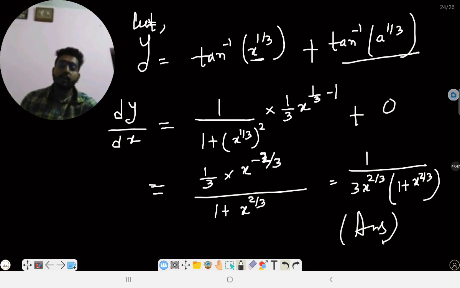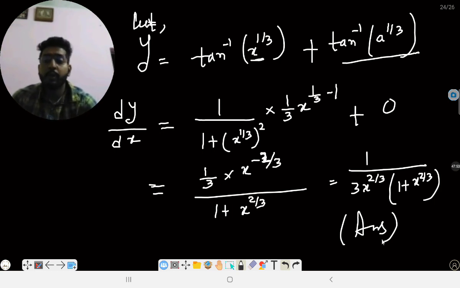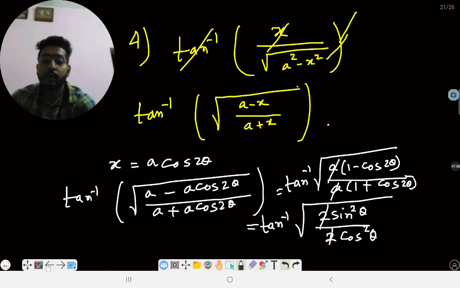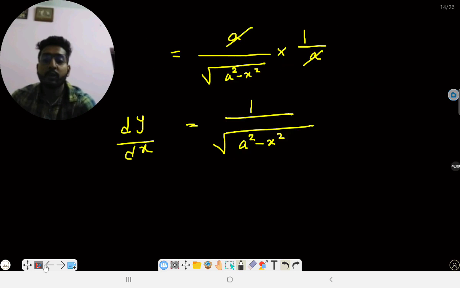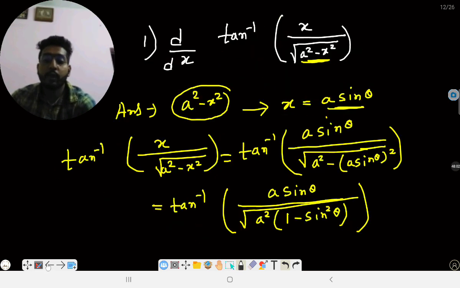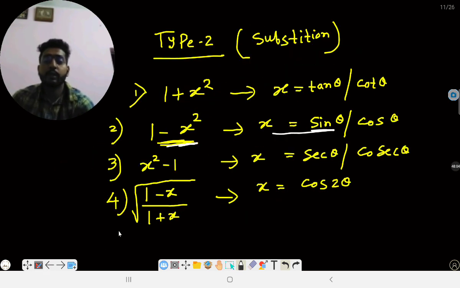So this is the way to solve this type of substitution. Whenever this type of problem comes, you have to remember what to take for the substitution. For 1 plus x square, take x equals tan theta.